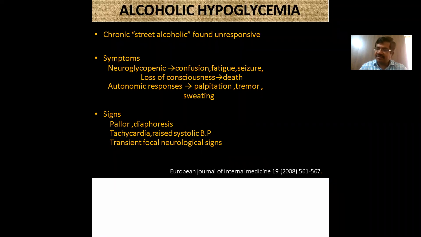They are not even aware of what's happening around them. It's because of hypoglycemia, a decrease in the glucose level. And also some neuroglycopenic symptoms, which cause confusion, fatigue, seizure, loss of consciousness. And if these symptoms are not corrected appropriately on time, death can also occur.